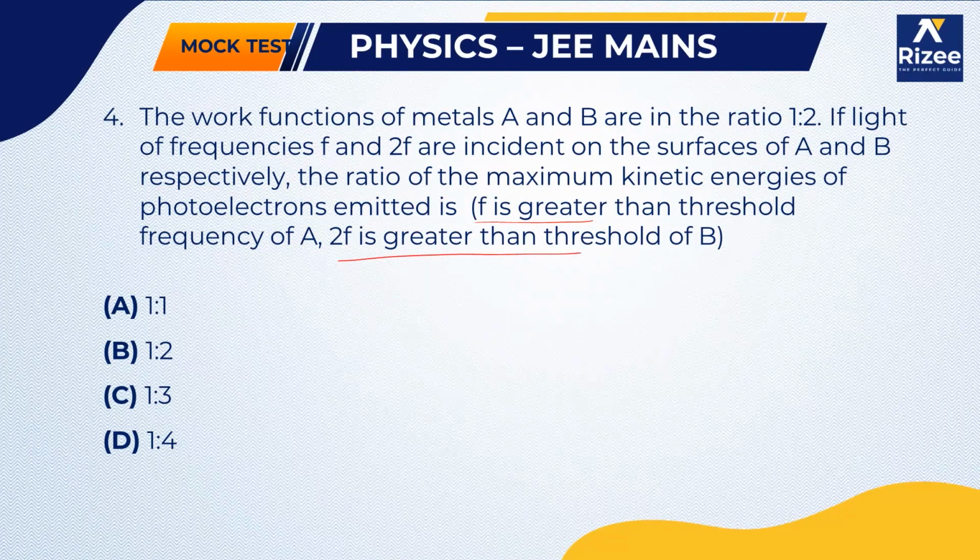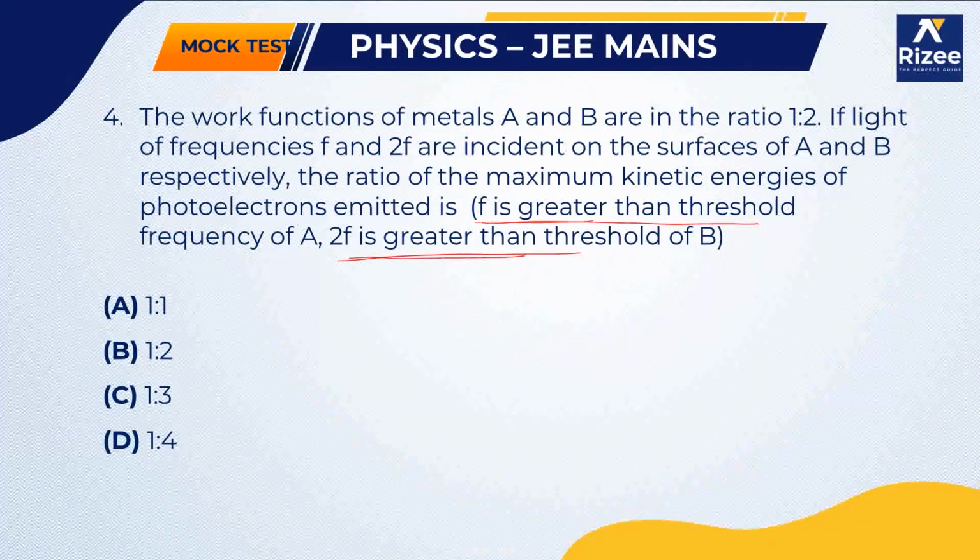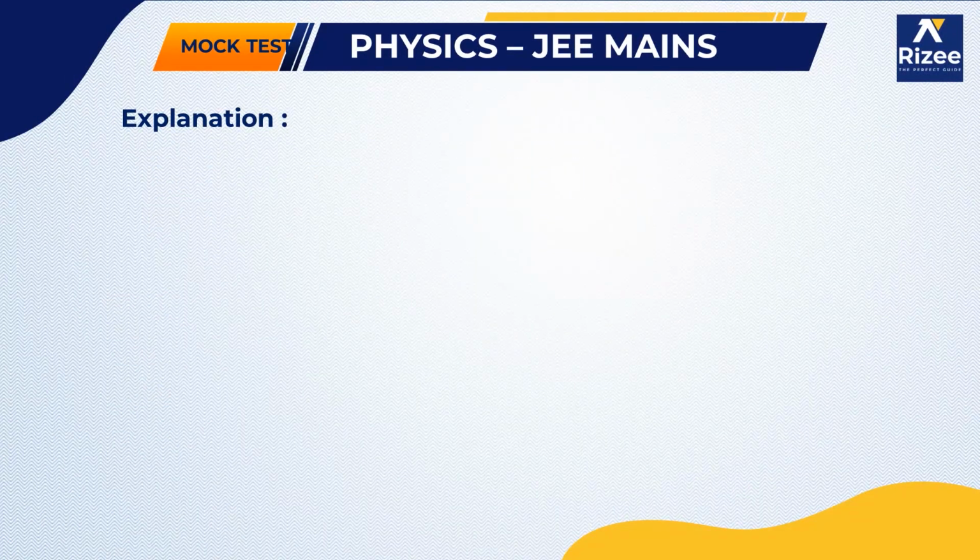It says that the photoelectric effect is taking place and photoelectrons are emitting. So first we have confirmed in the question that the photoelectric effect is taking place and electrons are ejecting, so definitely they will have some kinetic energy. According to Einstein's photoelectric equation, the incident energy E is equal to work function plus kinetic energy.